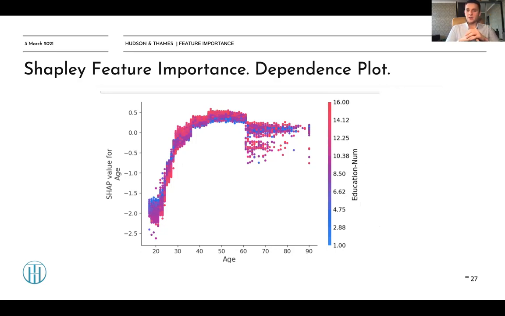So here we can see that there is a quite strong linear dependence between the age and the positive prediction of our model. Plus, what we also get from this plot is that we can understand how education number together with age move the predictions of our algorithm.